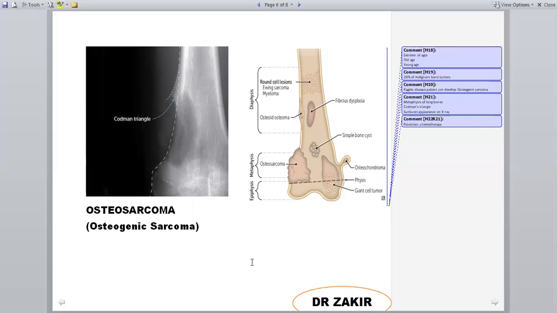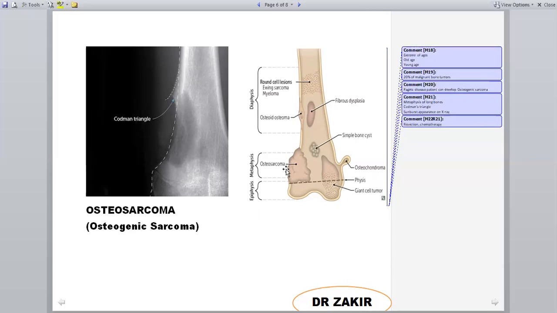It can be secondary, or we can see the osteogenic sarcoma in patients with Paget's disease. This osteogenic sarcoma involves the metaphysis of the long bones, and in X-ray there is a characteristic periosteal elevation that is called Codman triangle.